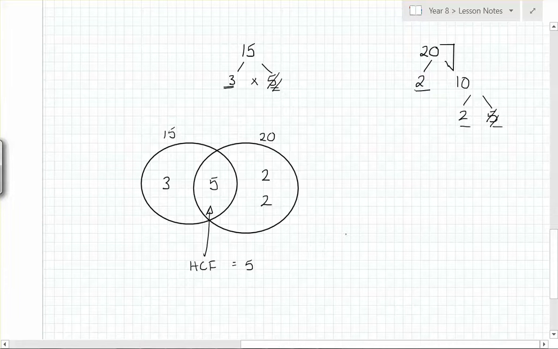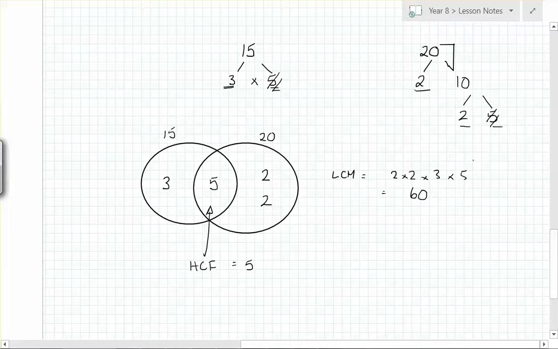Yes. The lowest common multiple is multiplying all the numbers together. So 2 times 2 times 3 times 5, which is 6 times 10, which is 60. Now, you haven't multiplied all of these numbers together because you took away one of the 5s.